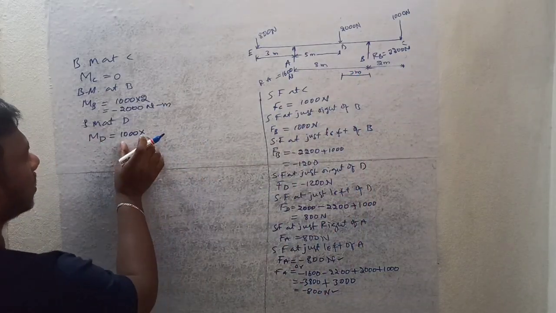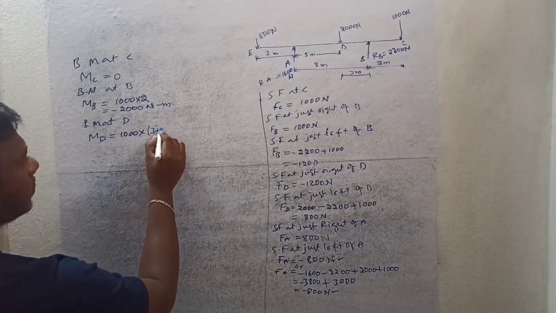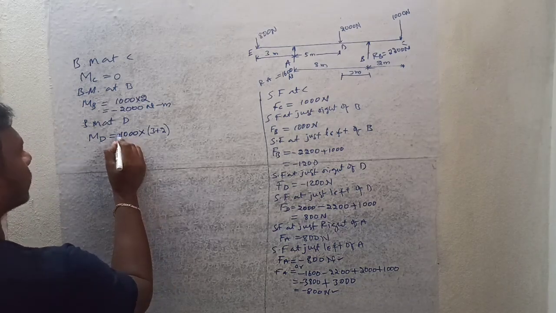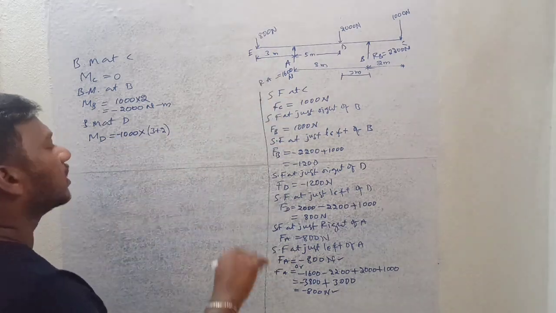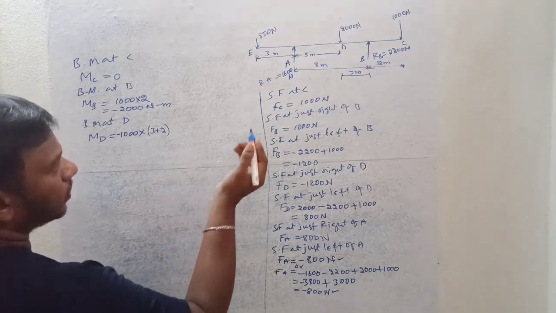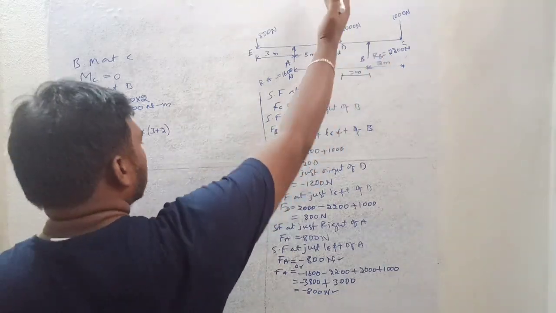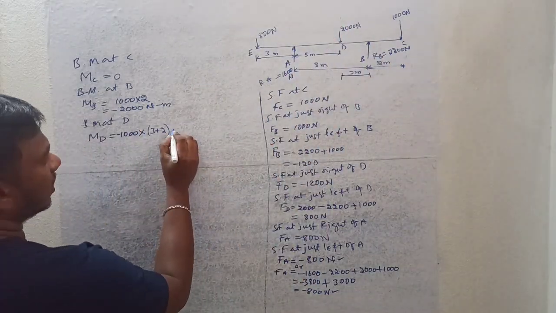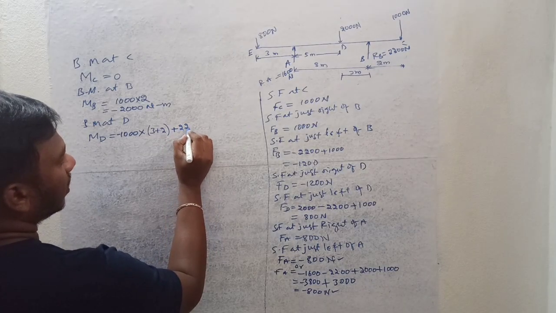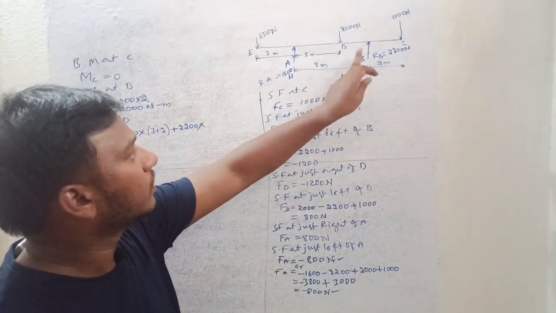Okay, so this is 1000 into 3 plus 2. What is the sign convention for this? It is minus, because due to that one beam may bend in clockwise direction. And next one is due to RB, that is the sagging moment, right? Due to this force, sagging moment will be there, and it is positive. What is the load we are having? 2200. And what is the distance from B to D?